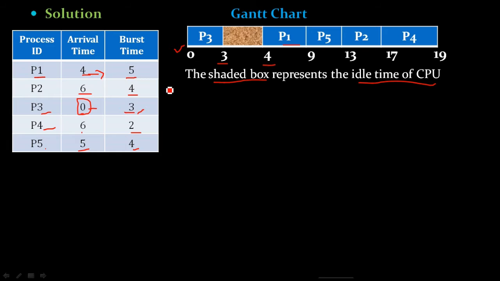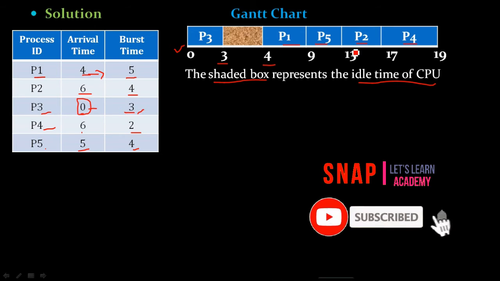Based on their arrival time, we have arranged this sequence, and burst time is also mentioned. All the processes will get the CPU for their burst time. Once they complete their execution, the CPU is allocated to the next process.